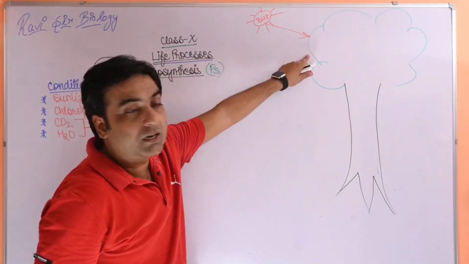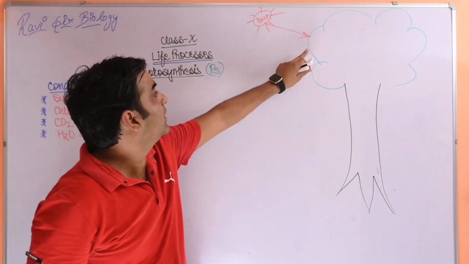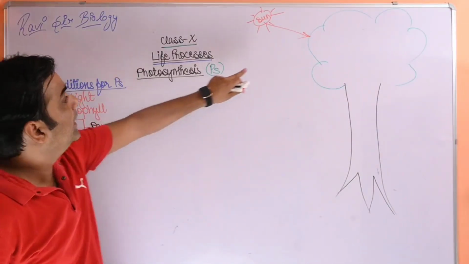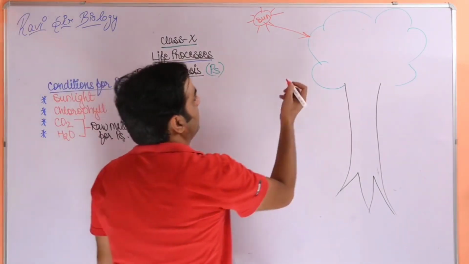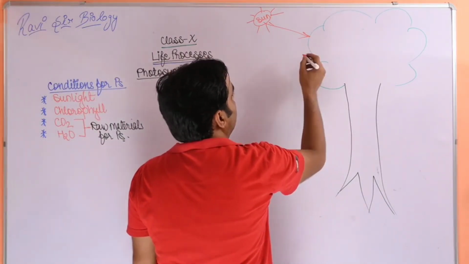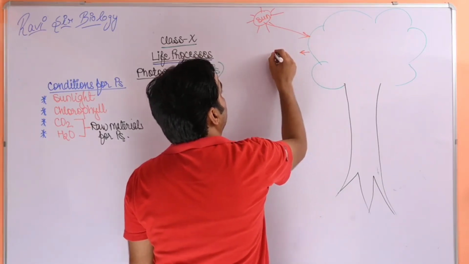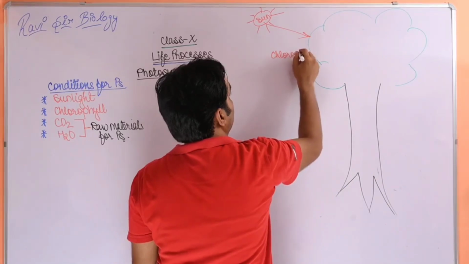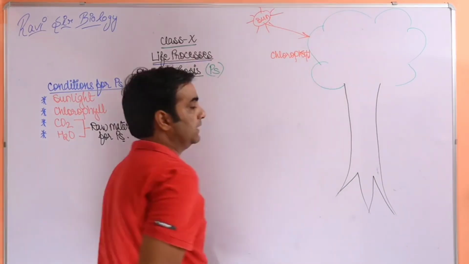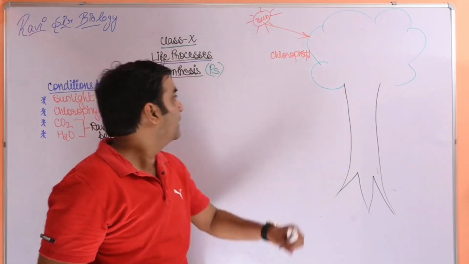The leaves of the plants are green in color because the chlorophyll is there with them. So this will be chlorophyll; they have chlorophyll in their leaves.